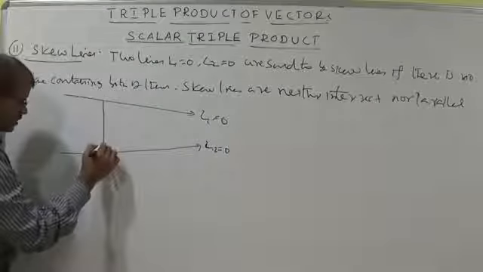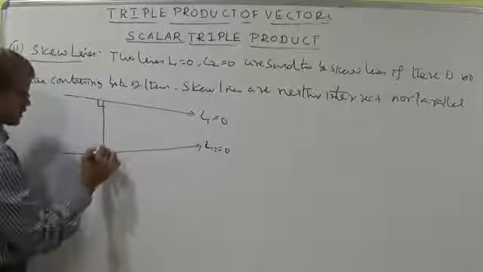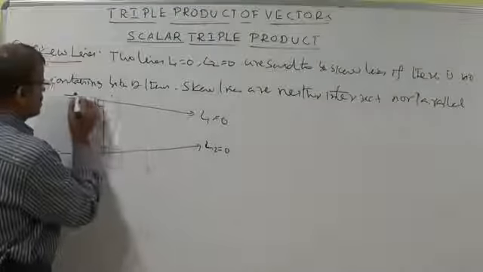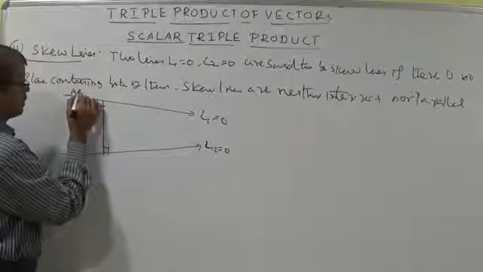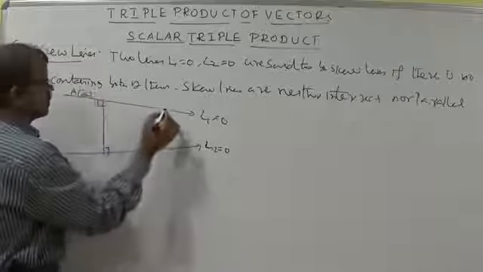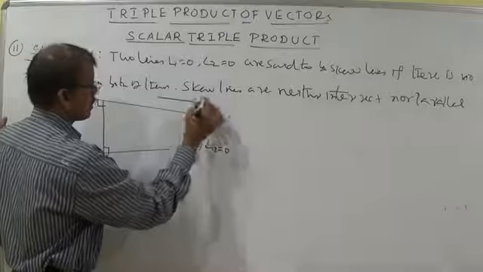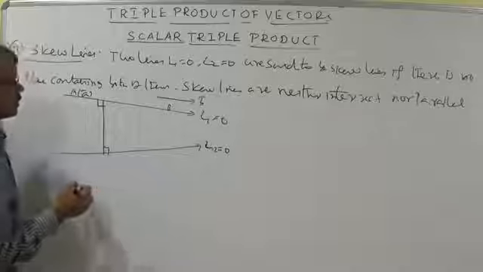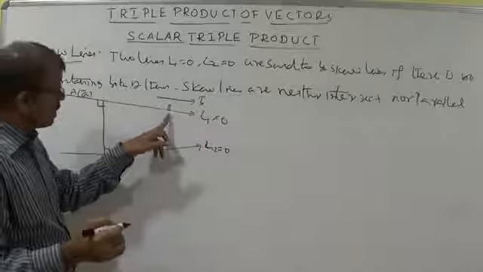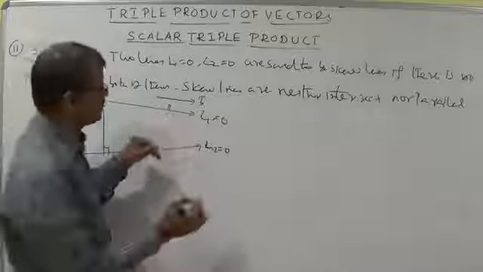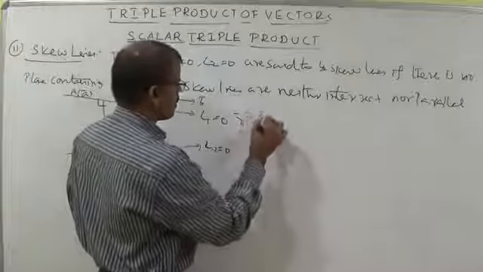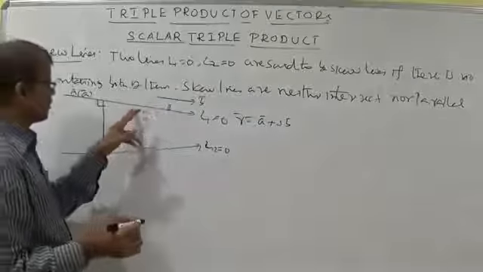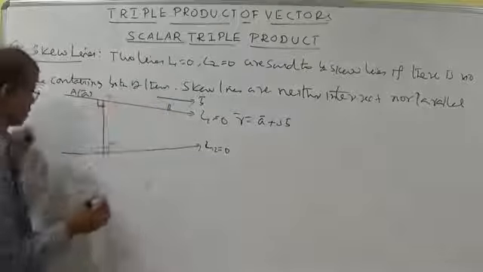We should now calculate the shortest distance between two skew lines. This is A bar, the vector parallel to B bar. Sometimes he used to give it like this: R bar is equal to A bar plus S B bar, the line parallel to the vector B bar.